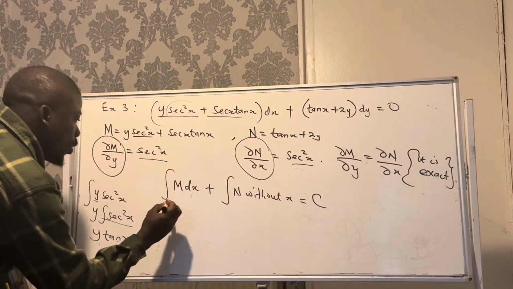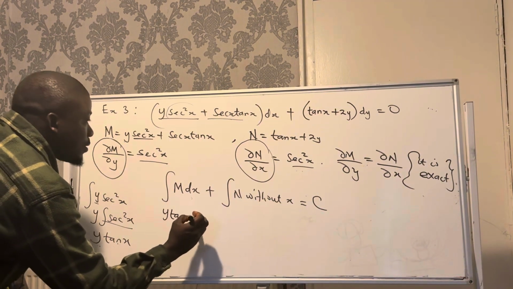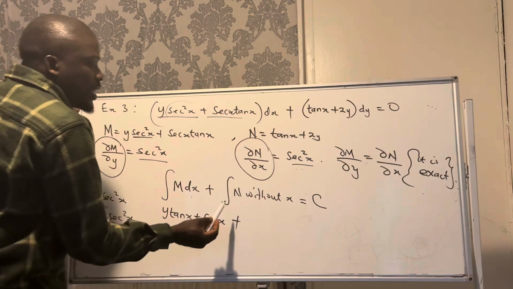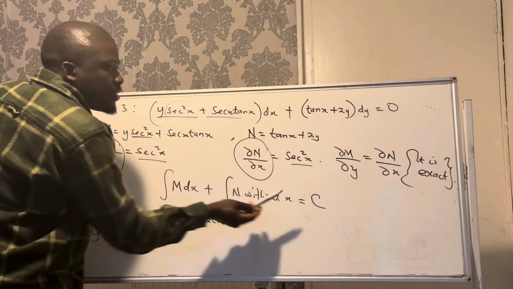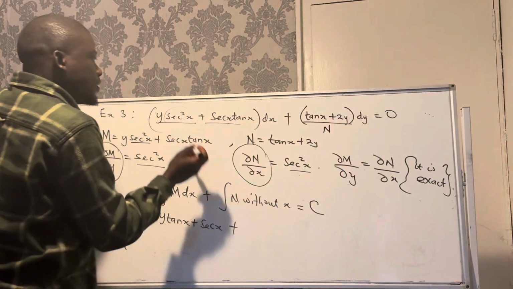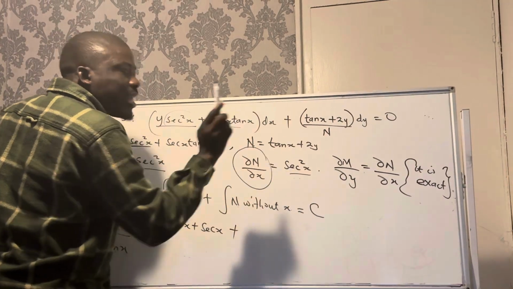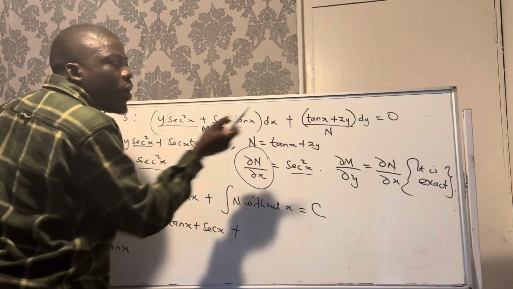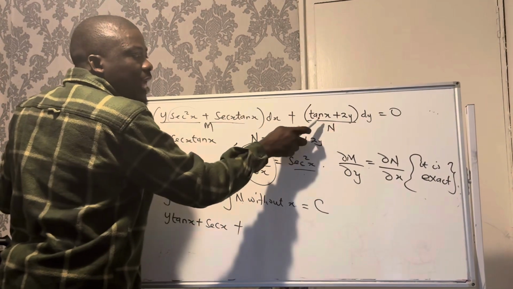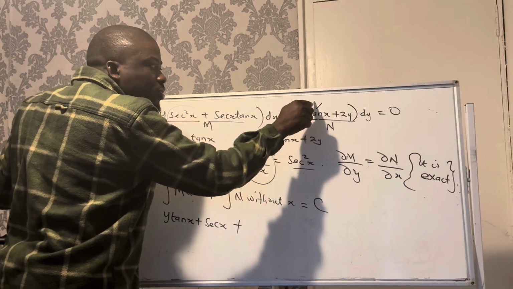So the whole of this will now give us y tan s plus sec s plus, now let's integrate n without s. Now the whole of this is n and the whole of this is m. Integrating this n without s means we are integrating all the variables or values inside this bracket without s. Now tan s here contains s, so we are not integrating this.